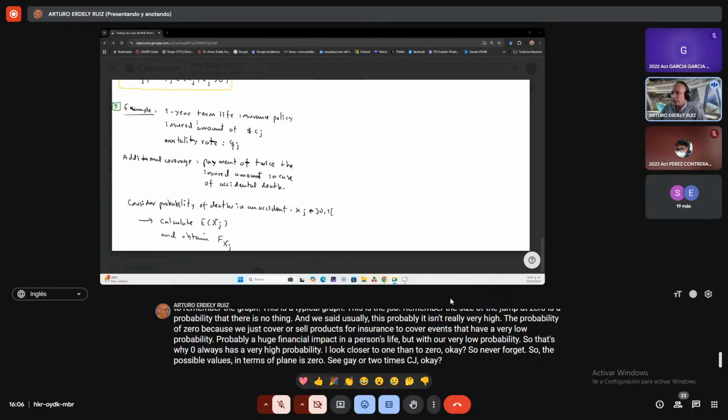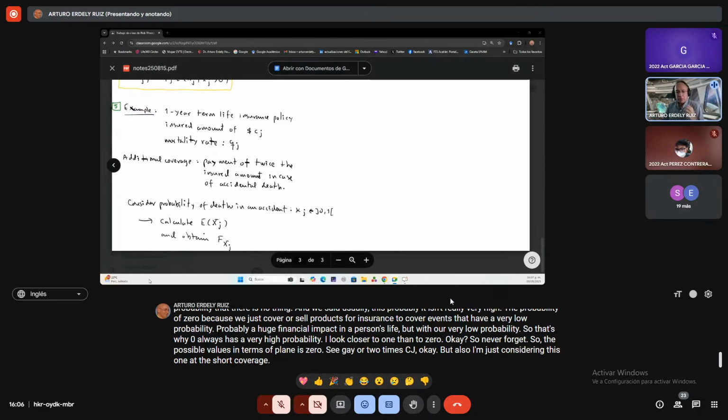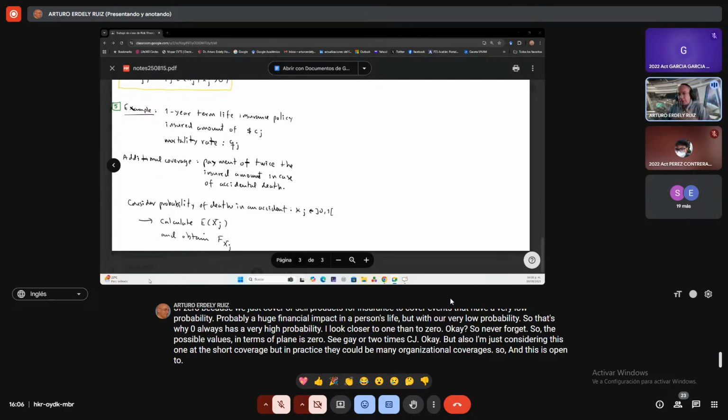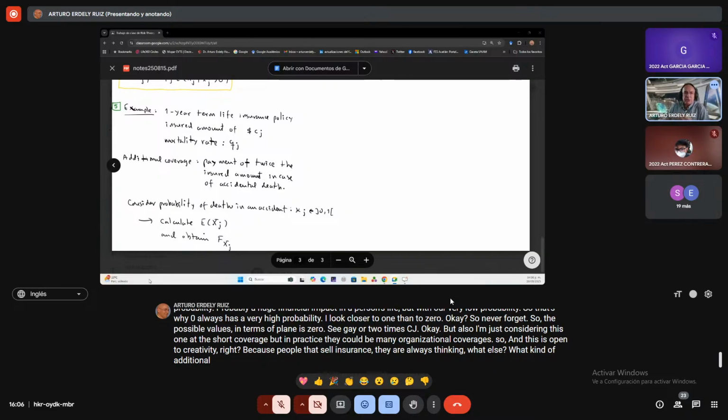Okay, but I'm just considering this one additional coverage, but in practice there could be many other additional coverages, right? And this is open to creativity, because people that sell insurance are always thinking what kind of additional coverage they can include in the policy to make it more attractive.